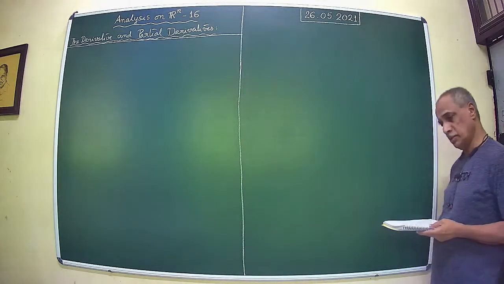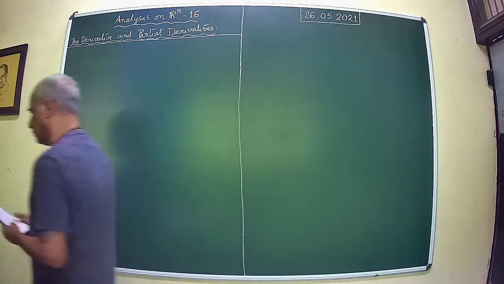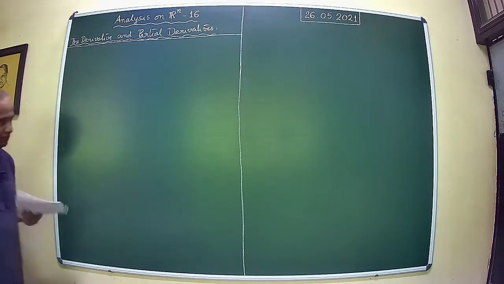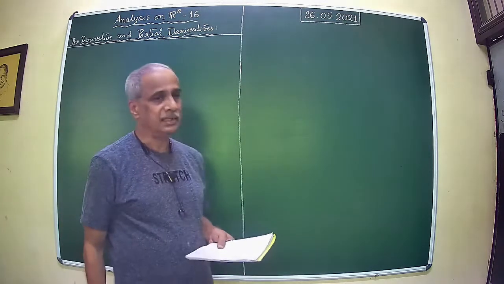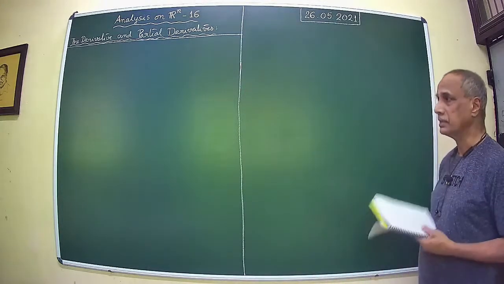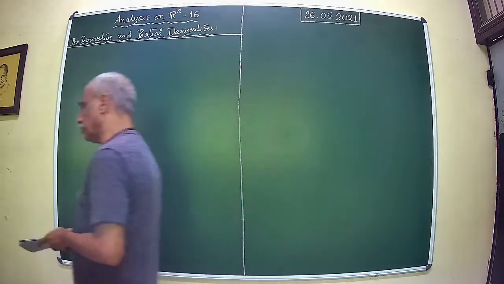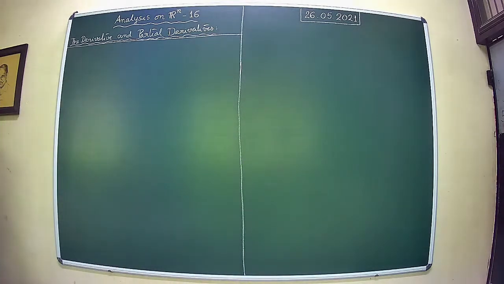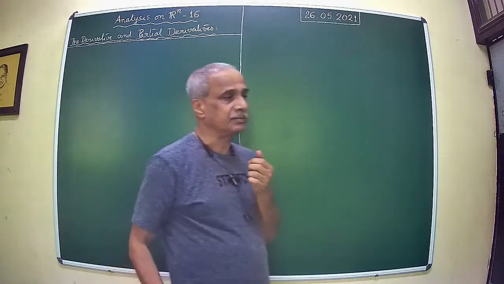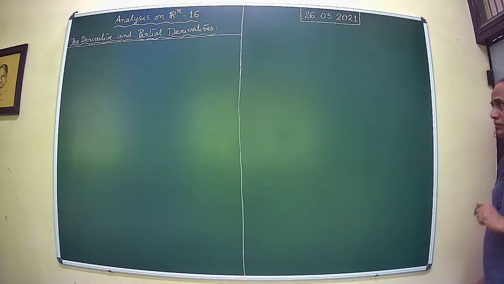And then we also proved that if the function from Rn to Rm is differentiable, then all the partial derivatives do exist. So the existence of partial derivatives is guaranteed by the existence of the total derivative or the Frechet derivative. This is what we have proved.